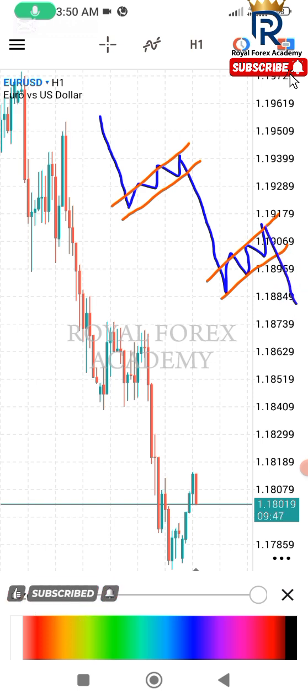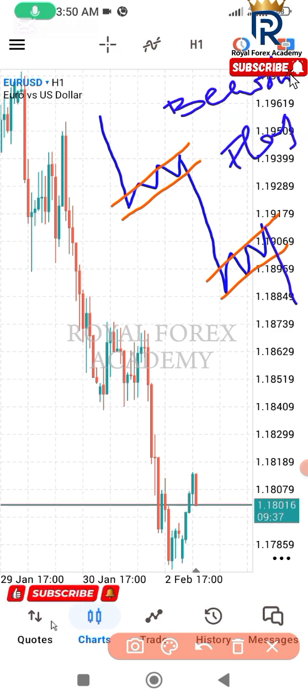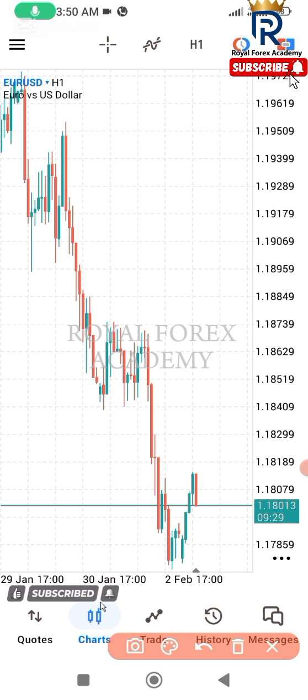So in this typical scenario, this is what we refer to as the bearish flag pattern. So this flag pattern is a sell continuation pattern.